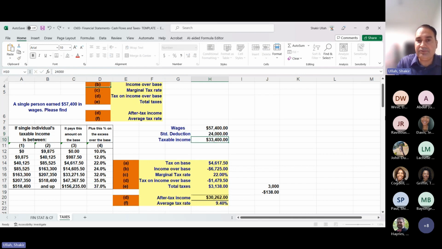If you are married and you're filing jointly, then your standard deduction is 24,000, and your taxable income comes down to 33,000, and your tax liability comes down to 3,138. There are lots of things that can be considered.